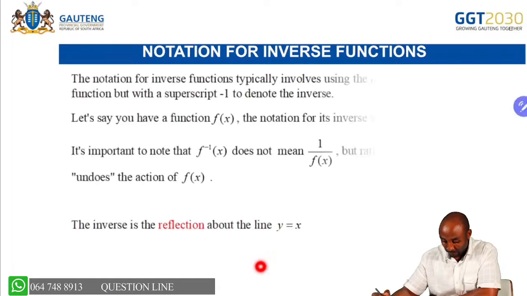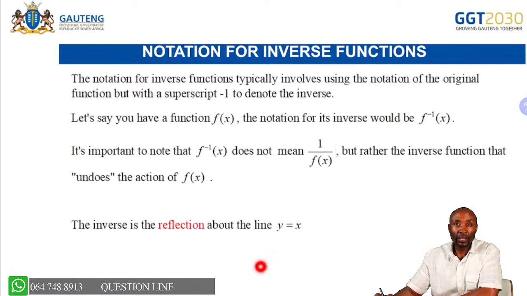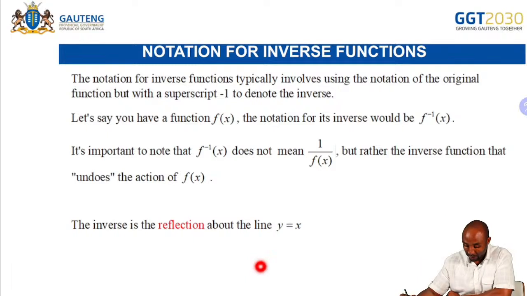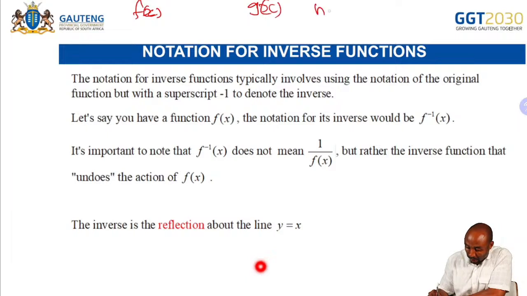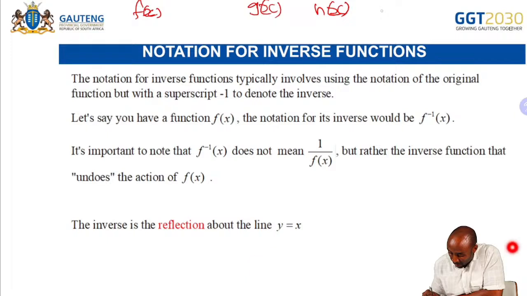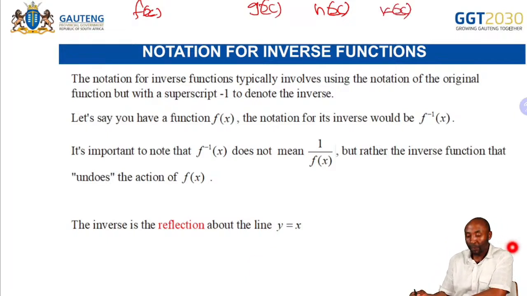Now, let's look at the notation for our inverse function. We know that for our functions, we use f of x, g of x, h of x, k of x, any letter of the alphabet followed by x.